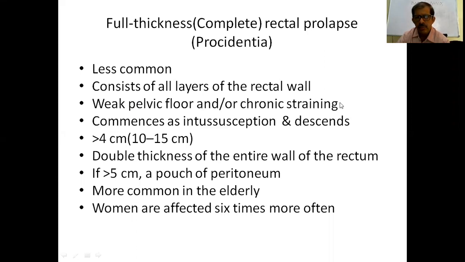And straining, because there is no opportune place or time for females to defecate. So they will be constipated and then straining. So that's why fissures are common, and with fissures, added pain is there, so there will be prolapse. So this complete means full thickness, that is all layers of the rectal wall.